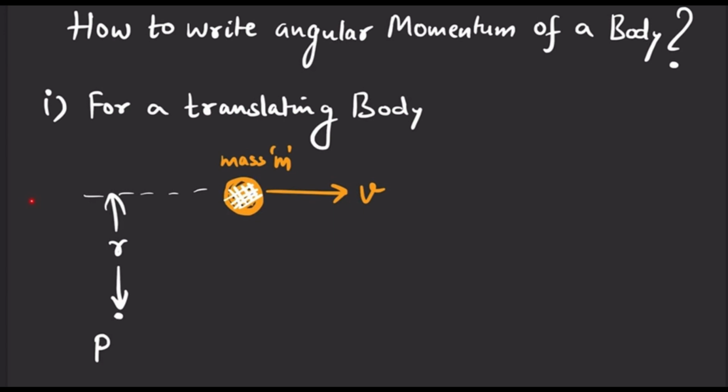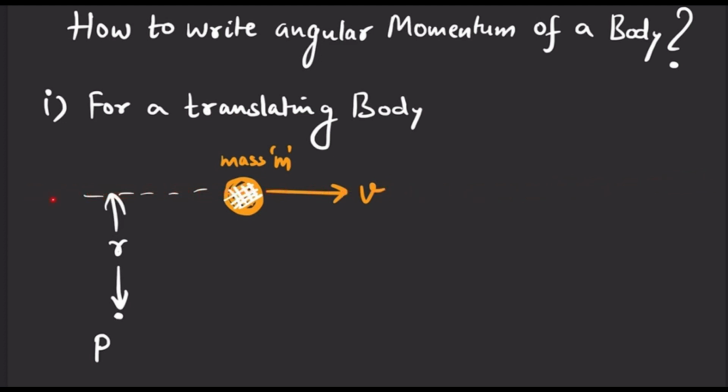First of all, let us learn writing angular momentum for a translating body. On your screen you can see that we have a particle of mass small m that is moving forward with velocity v. In order to write the angular momentum of this particle about point P, first we need to talk about the perpendicular distance. Listen very carefully. First we need the perpendicular distance of the line of motion of the particle from point P. The line of motion of the particle, I am marking it on the screen, is simply this.